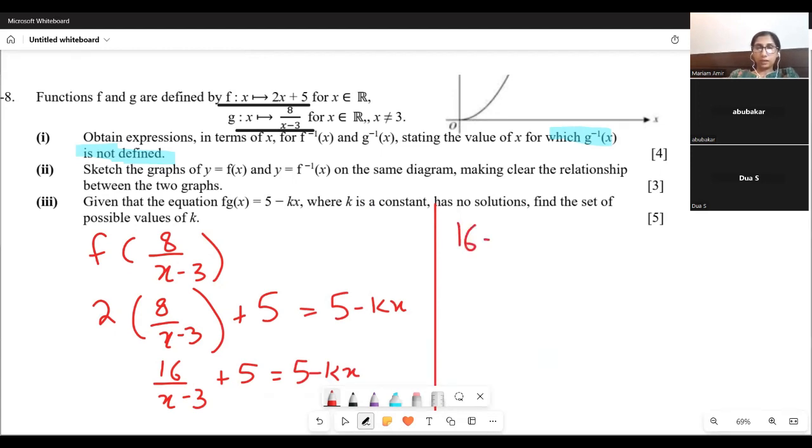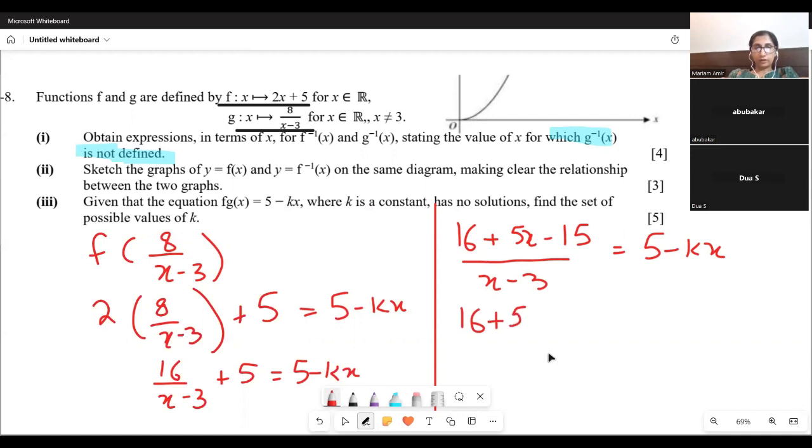So 16 plus 5x minus 15 upon x minus 3 equals 5 minus kx. So 16 plus 5x minus 15 equals (5 minus kx)(x minus 3).